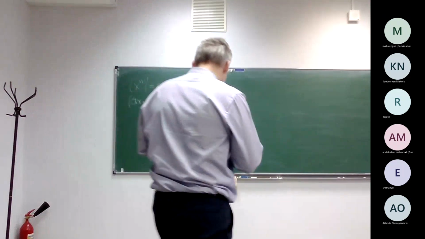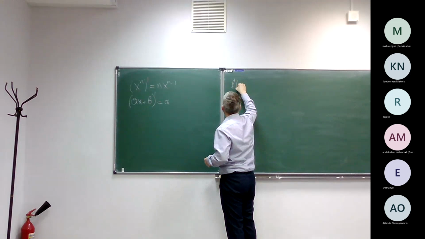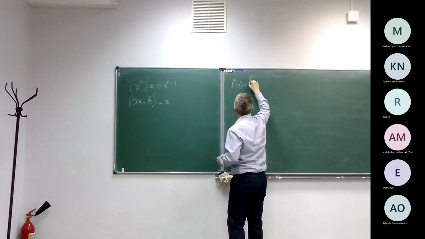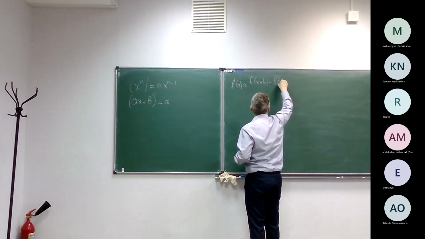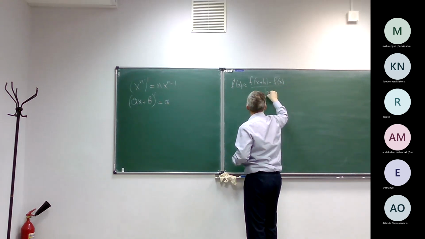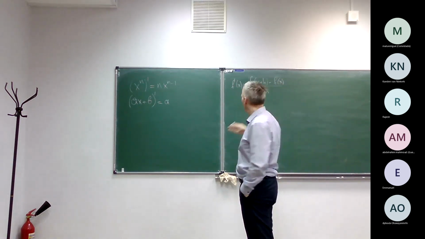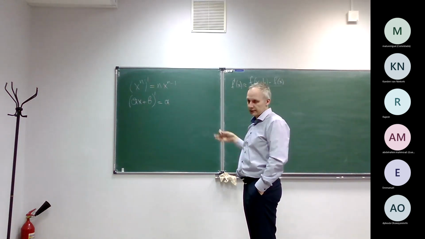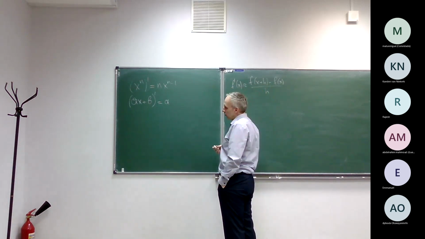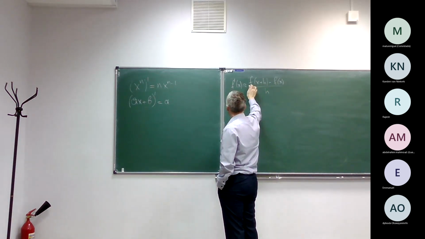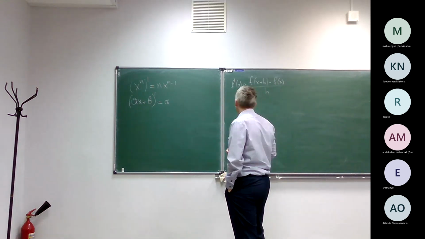Very, very simple case. The real value of the derivative is a. But now, let's consider the first order difference formula: f of x plus h minus f of x over h. x is some point, and h is some fixed step. And now let's consider the case when f of x is equal to ax plus b.